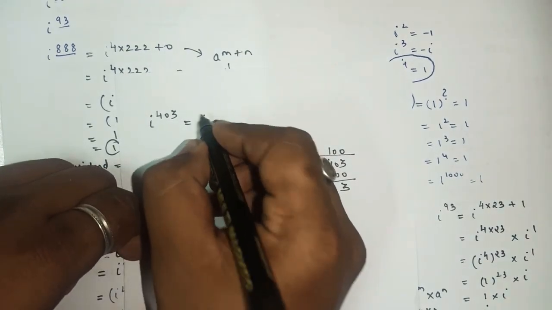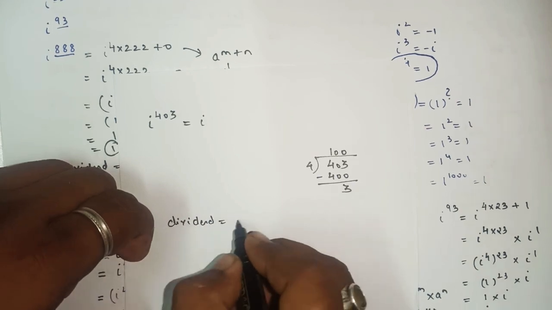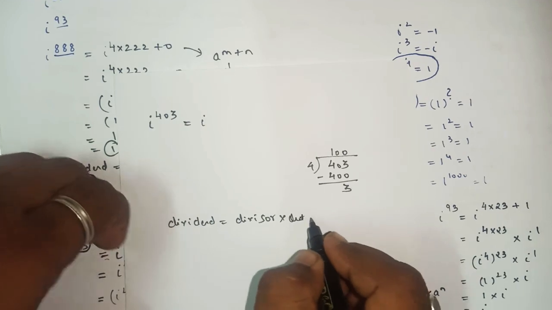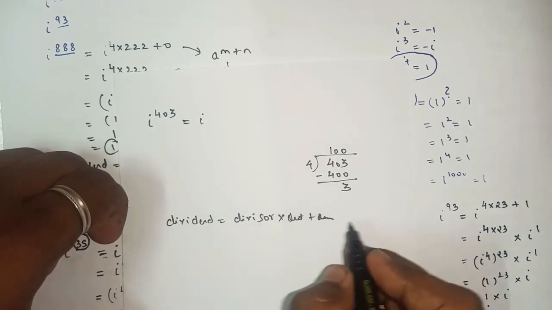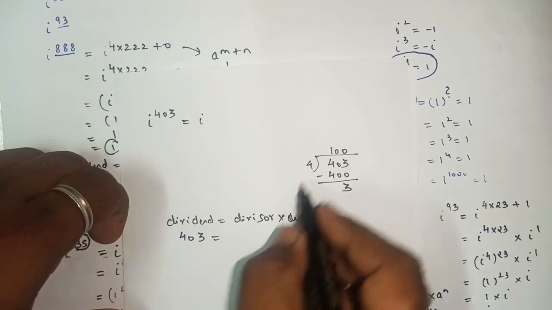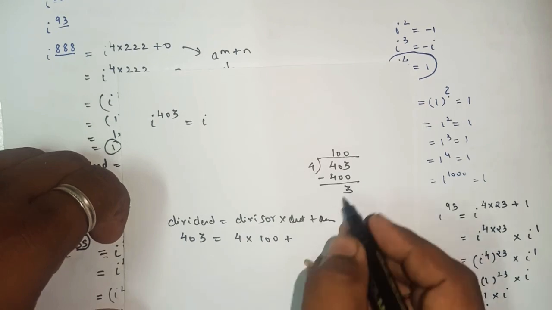So this dividend we can write as what? Using the formula dividend equals divisor into quotient plus remainder. No need to show this step; directly we can write 403 as what? Divisor is 4, into quotient, here we got 100, plus remainder 3.